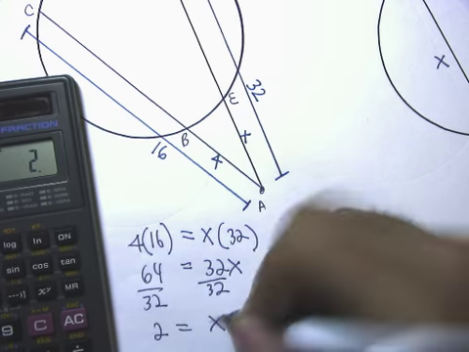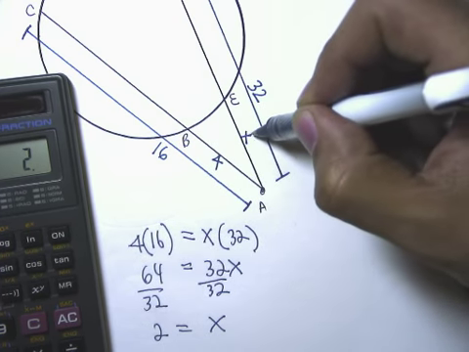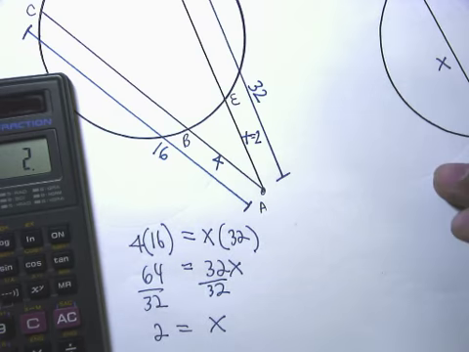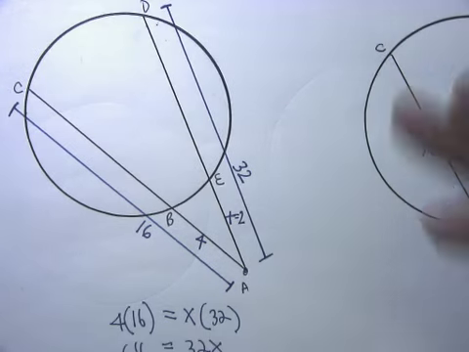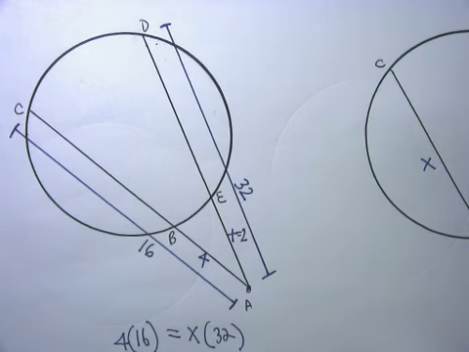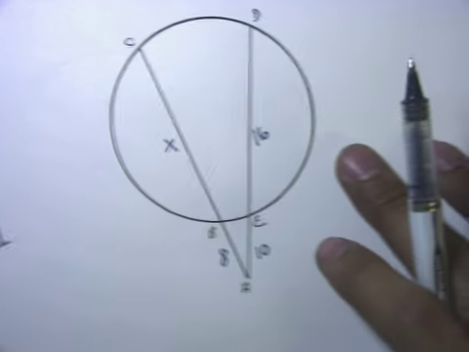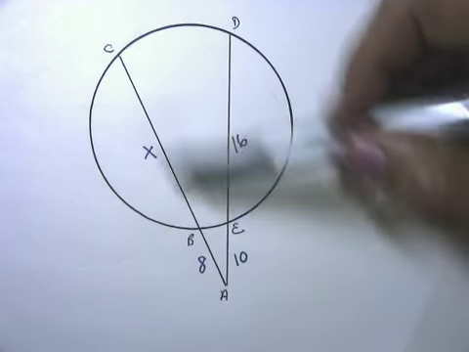Divide this side by 32. So 64 divided by 32 is 2, and that's equal to x. So then I know that this little part right here is equal to 2 units. And I know at first it looked intimidating because you had all these lines here, but if you stick to the rule, it's pretty simple.